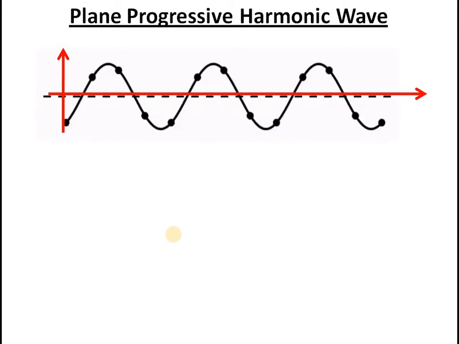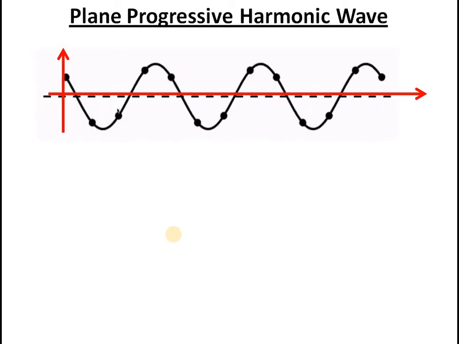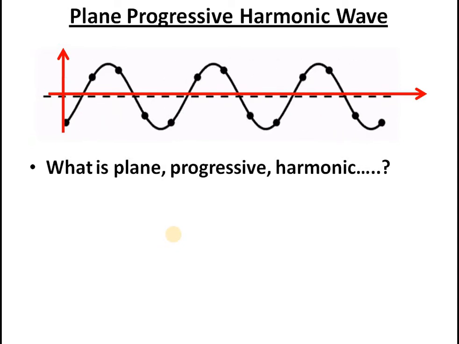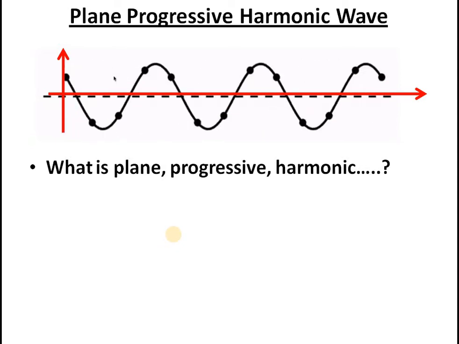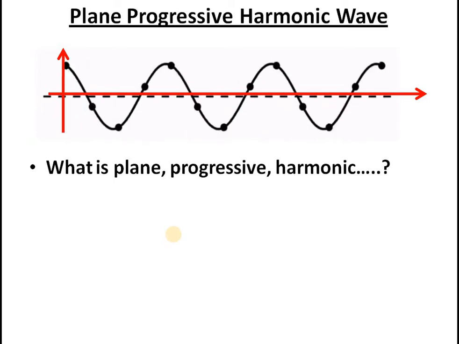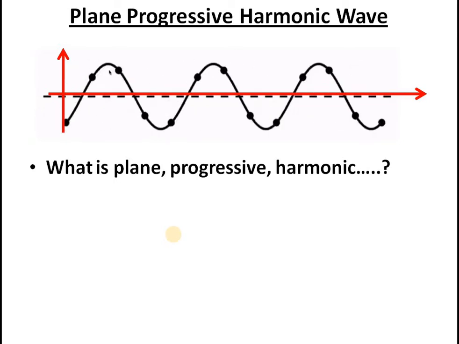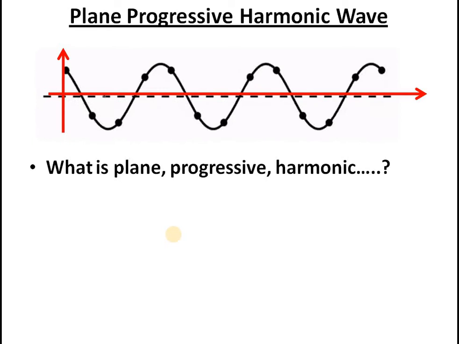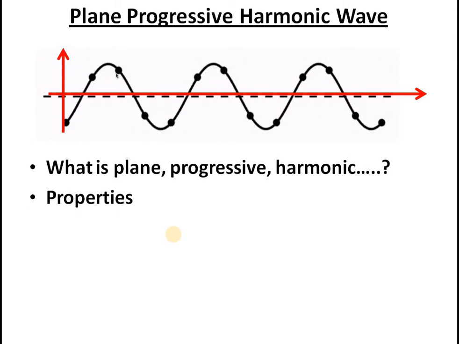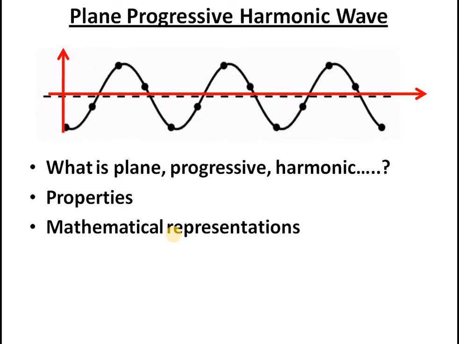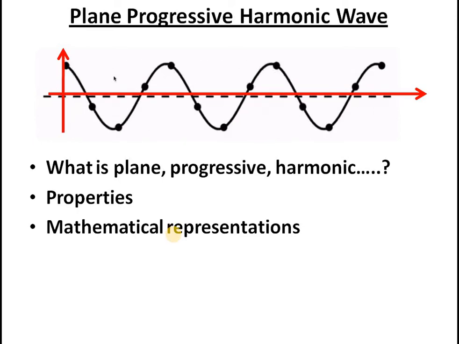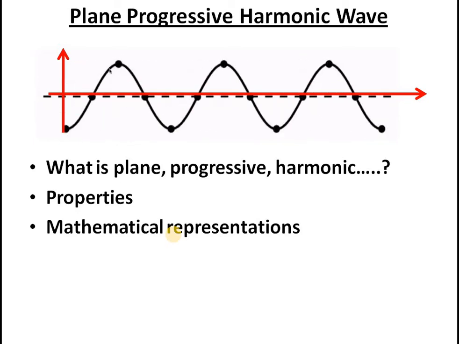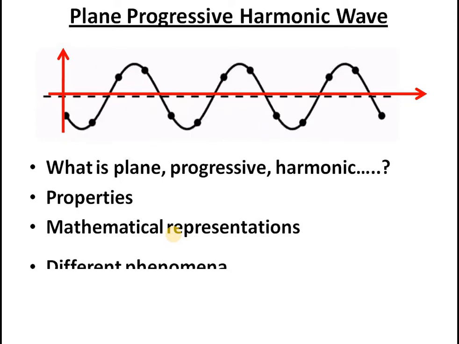In subsequent modules, we'll be essentially dealing with the plane progressive wave, and we will look into what plane means and what progressive means, and we have a third word called harmonic. So we will look into each and every term, what it means, what the important properties of such a plane progressive wave are, and how we can mathematically represent a plane progressive wave, with a clear illustration of all the notation involved in it.